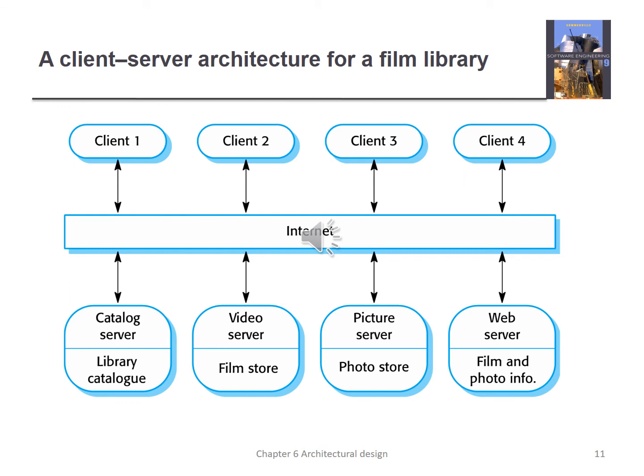Finally, in this lecture, we have an example of client-server architecture for a film library. You have a lot of clients: client 1, client 2, client 3, and then down there you see the services, like catalog server, video server, picture server, and web server. Each of them provides one or more services.